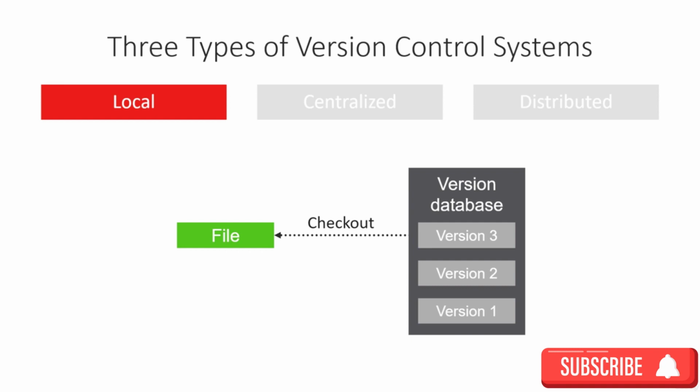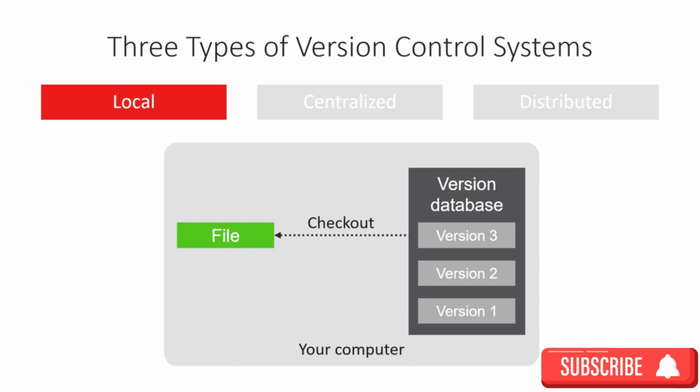Now, important to understand is that all of this happens locally on your computer. That is the reason why it is called a local version control system. It is powerful to track your code changes locally, but it does not support working together with other developers on the same code base.